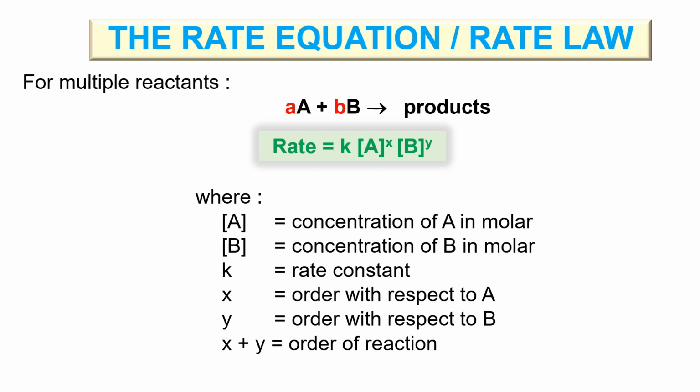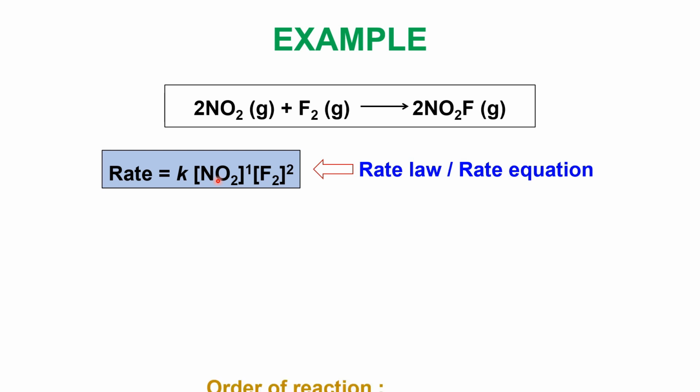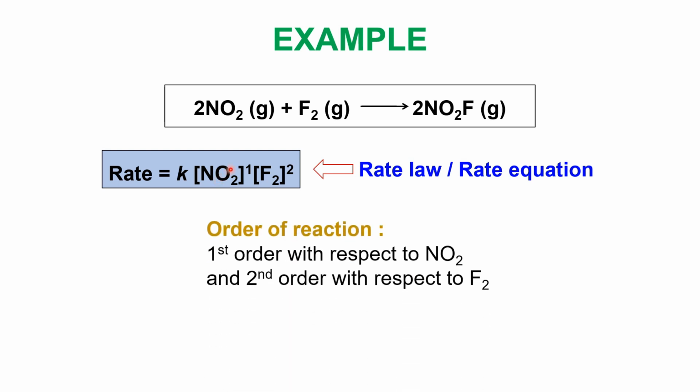Example, this one is the balance equation and the one in the blue box is the rate law or rate equation. From the rate law or the rate equation, we can identify the order of reaction. For NO2, since the power is 1, so it is first order with respect to NO2.